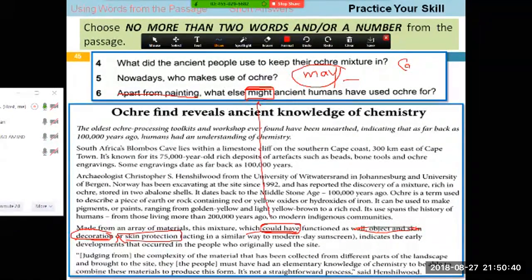Agreed? Now, look, it says functioned as, or used for. This mixture could have functioned as, or this mixture could have been used for.